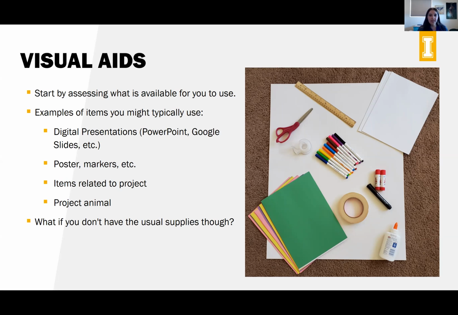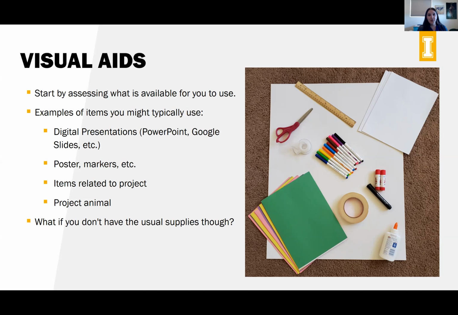Look around your house, see what you have, and check out what you might be able to do with that. Some examples of things you might typically use for a visual aid: you might use a digital presentation. We found that PowerPoint and Google Slides are typically what most youth are pretty familiar with because of school or other things.